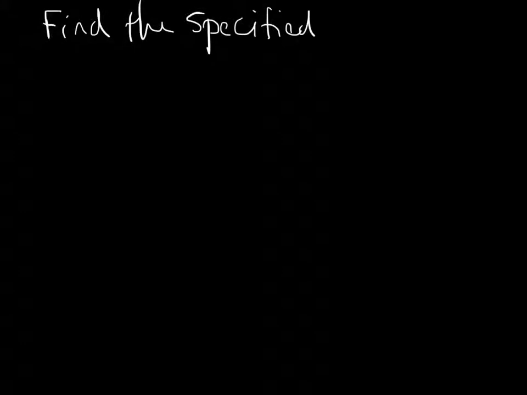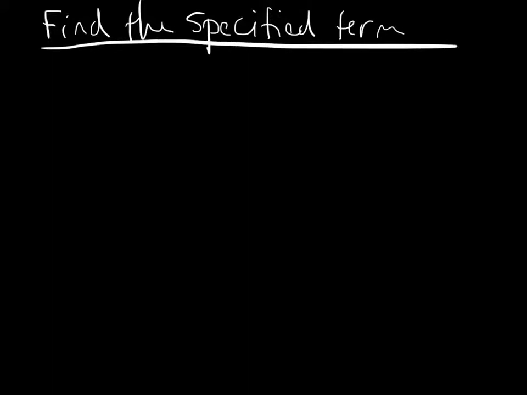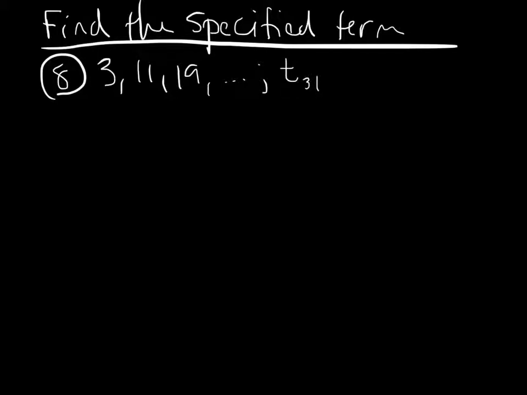Our next set of examples want us to find the specified term. If I look at number 8, it has the values 3, 11, 19, and so on. They want us to find t sub 31. Good news here is I don't need to know a formula for t sub n.